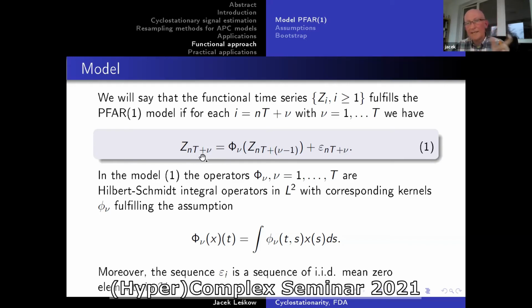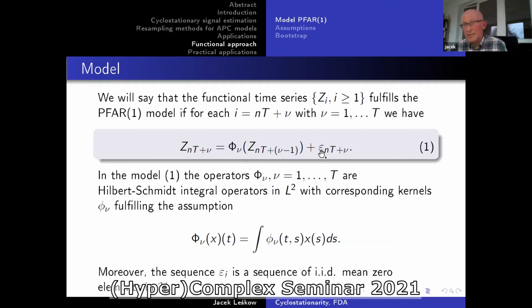So your daily curves of transactions, or you chop your vibration signals into periods, and then you have the current piece of the signal. So this model claims that my current observation can be autoregressed, and the big Phi nu is the operator that actually transforms the curve before into the current curve, okay?